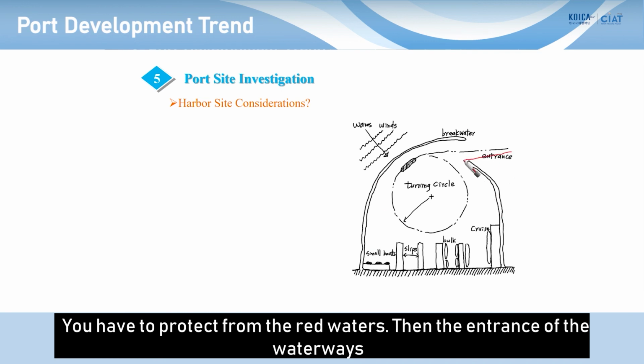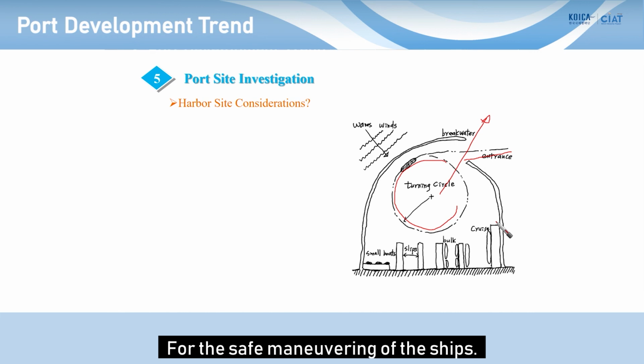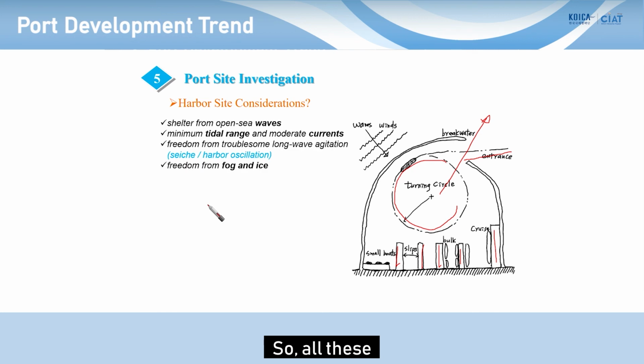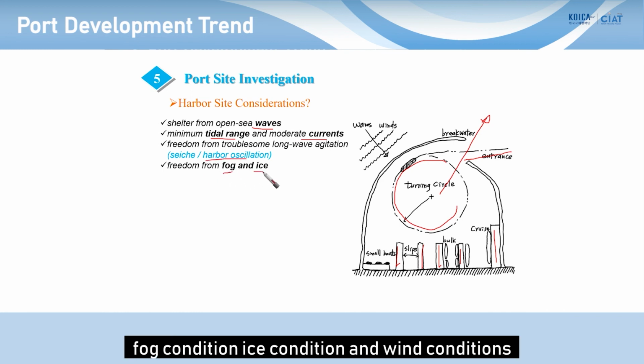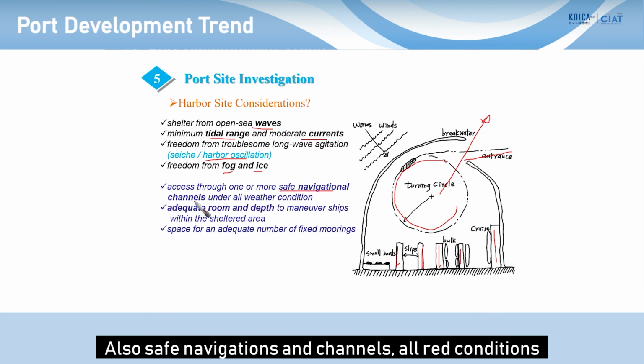And the entrance waterway and turning basin, the water depth should be dredged enough for the safe maneuvering of the ships. And also you need mooring facilities, berthing facilities. So all these should be considered before: waves, current, tide, and harbor oscillation, port condition, ice condition, wind conditions, and also safe navigation channels.